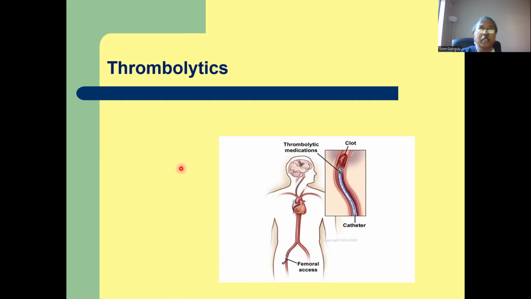So thrombolytics: thrombo means this clot, and lytics means something that breaks it down. So a thrombolytic substance we can pass through a catheter, and we can break this clot. So the blood vessel can open up, and blood will flow to the targeted structure or targeted organ as before.